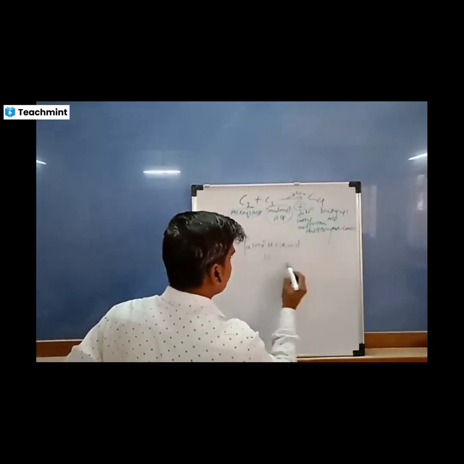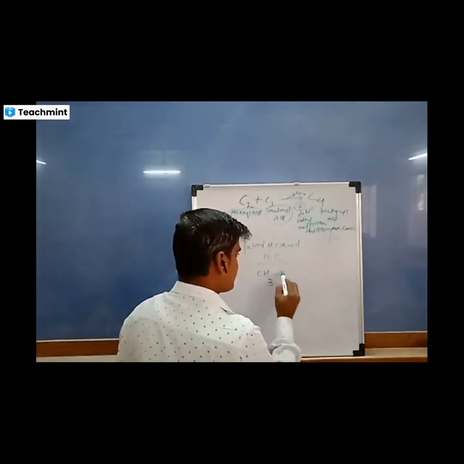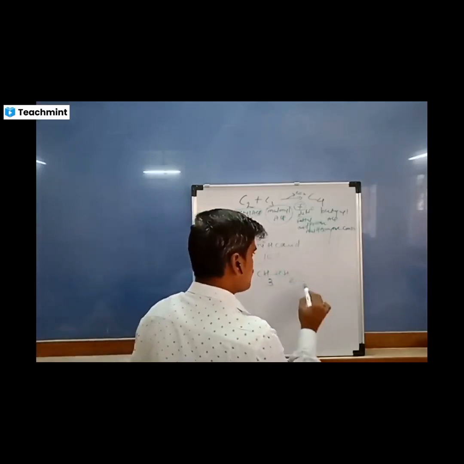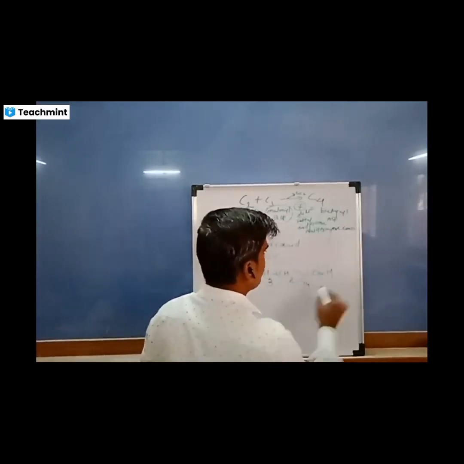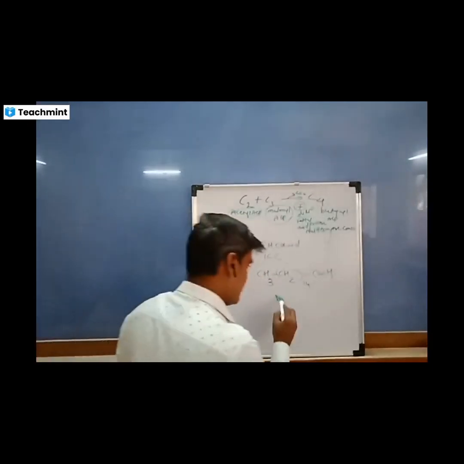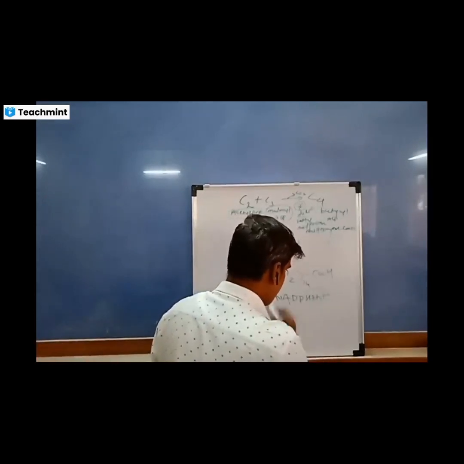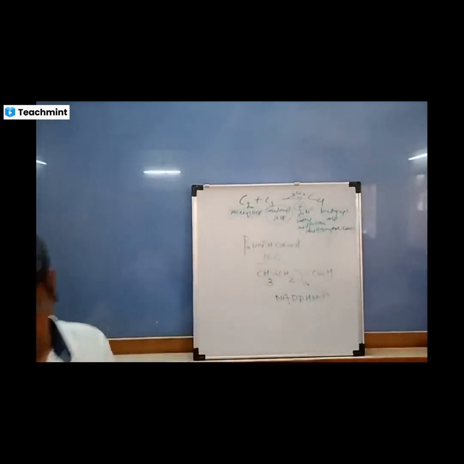the 16 carbon fatty acid, for this synthesis, the palmitic acid structure is CH3 CH2 14 times COOH. For addition of H, there is a requirement of NADPH plus H, which is made available from the HMP pathway.